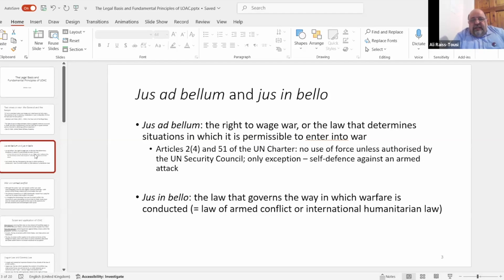The second strand, the jus in bello: if war is being waged, in what manner should it be waged? What things can be legally done and what things are unlawful? What weapons can you use? In what way can you use them?